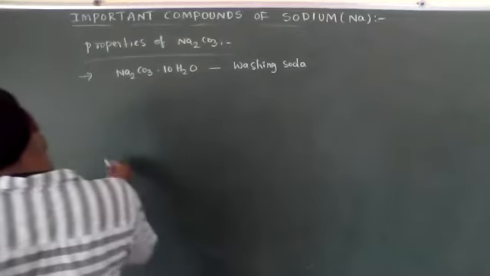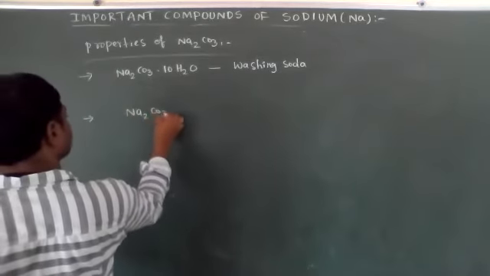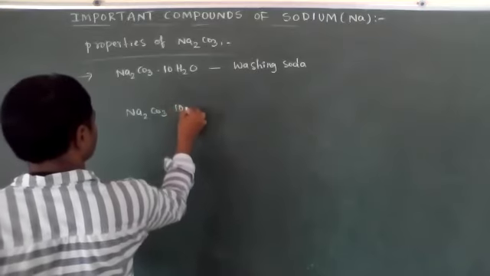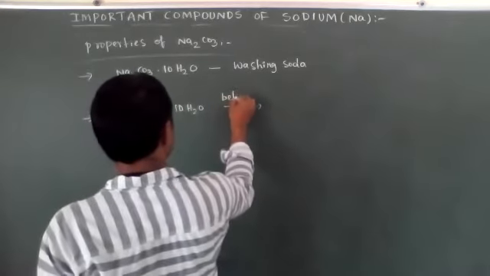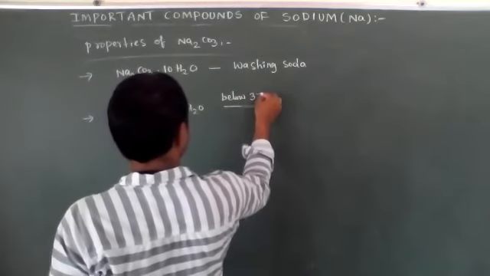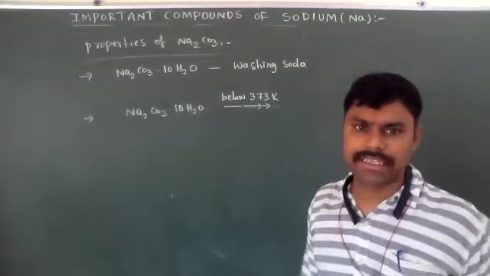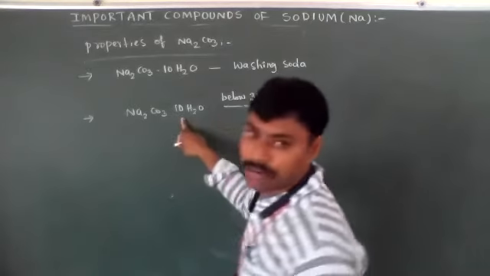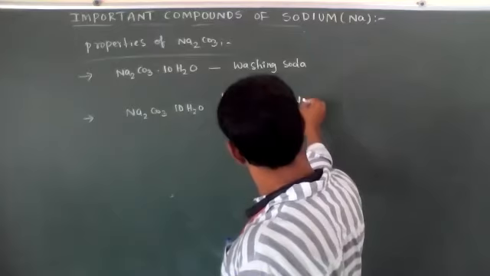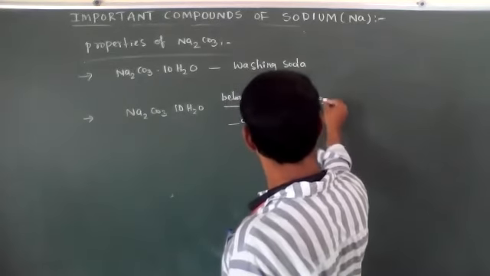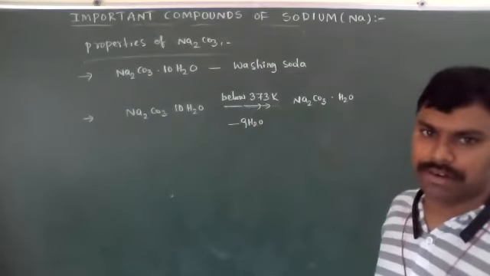Okay, now listen carefully. This Na2CO3 10H2O washing soda, on heating below 373 Kelvin temperature, then 9 water molecules come outside and Na2CO3 H2O, monohydrated sodium carbonate, will form.